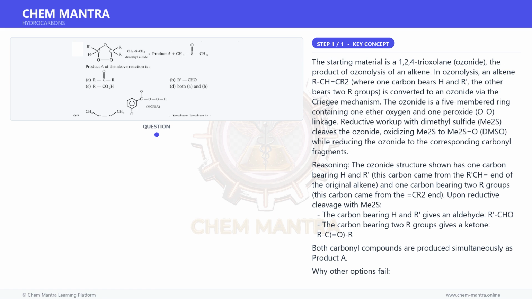Option C, R-CO2H, carboxylic acid, would only form under oxidative workup conditions, for example H2O2, O3/H2O, not with the reductive Me2S workup. Option D correctly states both A and B are formed, which matches the ozonolysis reductive workup mechanism.